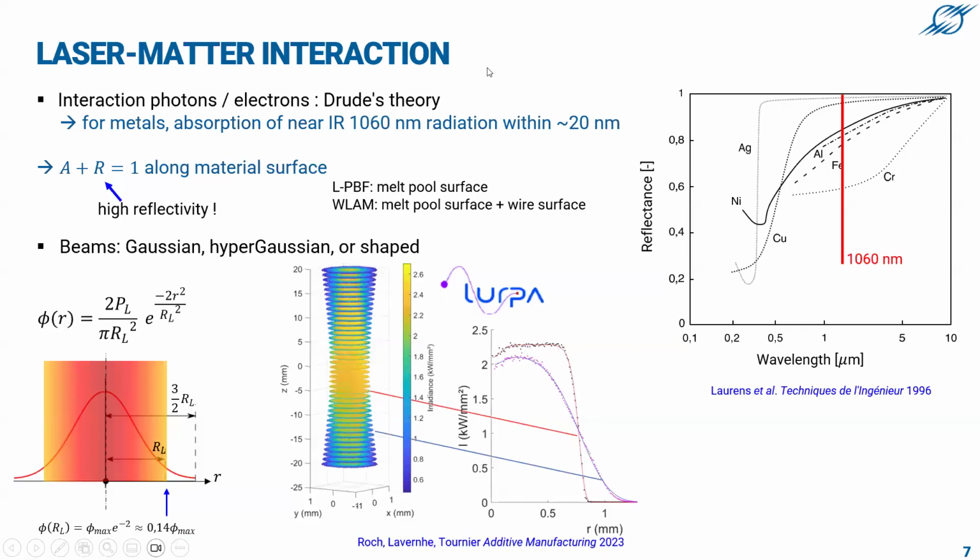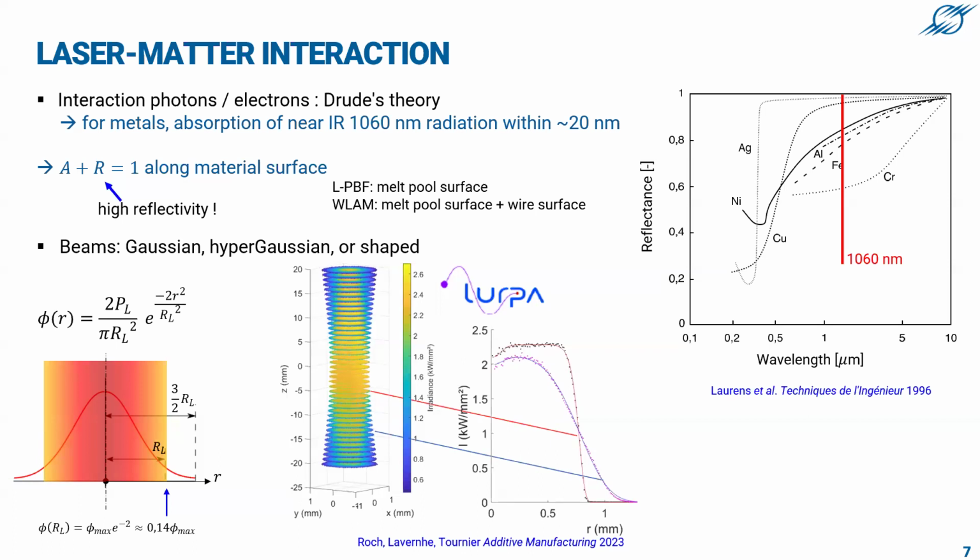To begin with laser matter interaction, what we learned from solid physics and photonics interactions between electrons and photons is that for metals, the absorption of a classical infrared radiation, that's the most convenient and the most frequent laser radiation that we have in additive manufacturing, will be made at the surface within, let's say, maximum 20 nanometers.